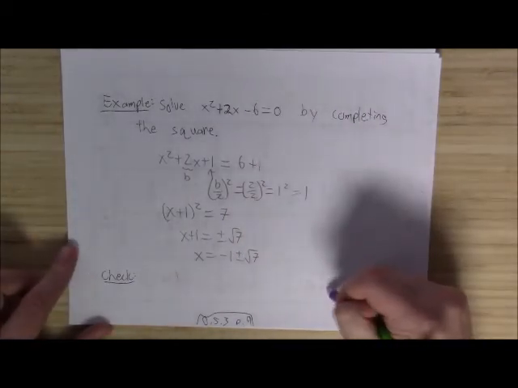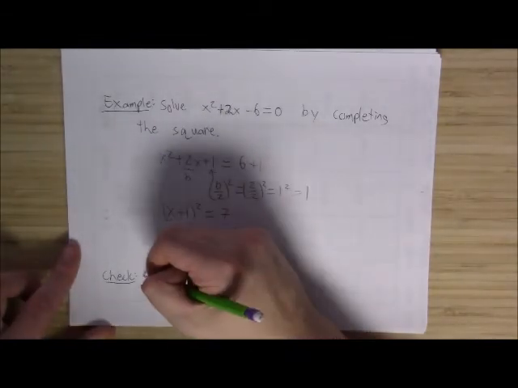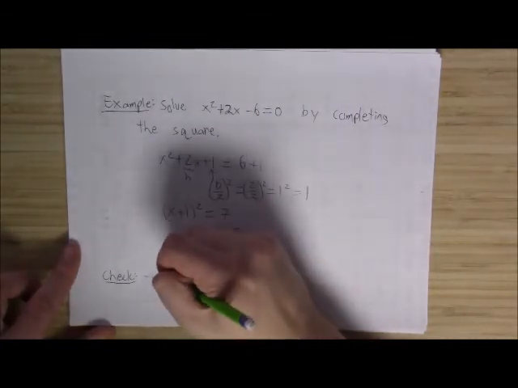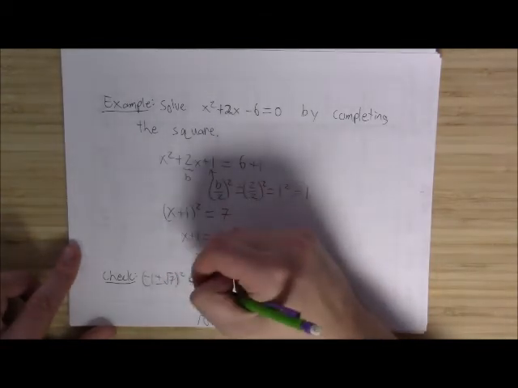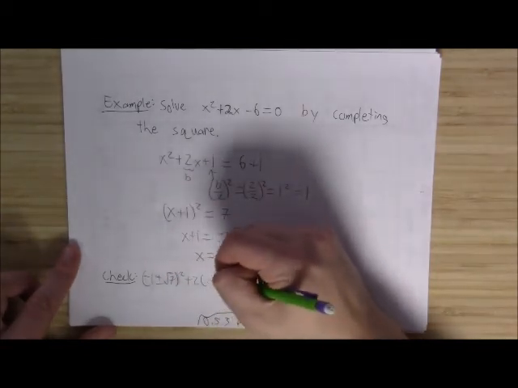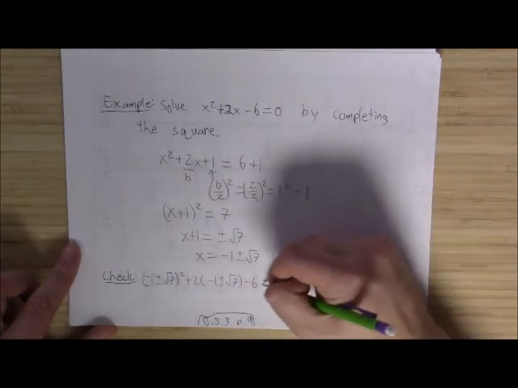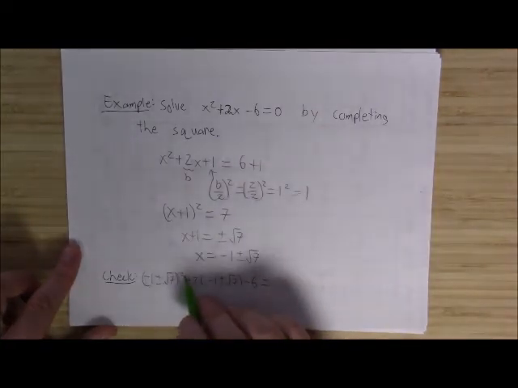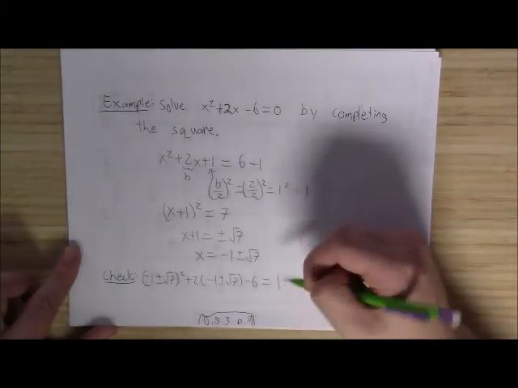We definitely want to check this though. How to check? Well, let's go ahead and plug back in. Negative 1 plus or minus square root of 7 squared plus 2 times negative 1 plus or minus square root of 7 minus 6. What does that equal? Well, if we square that out, foiling this out, we'll have negative 1 times negative 1, which is 1.